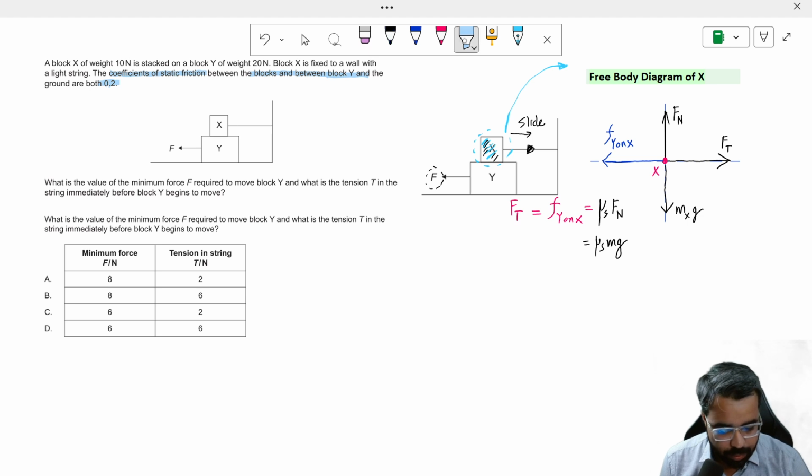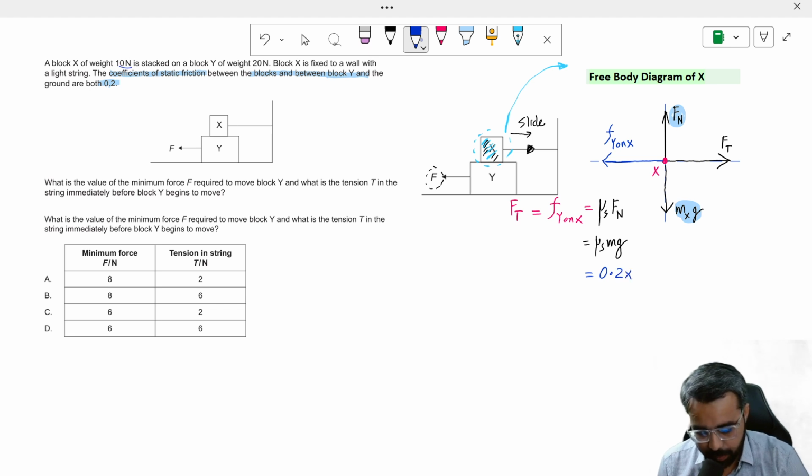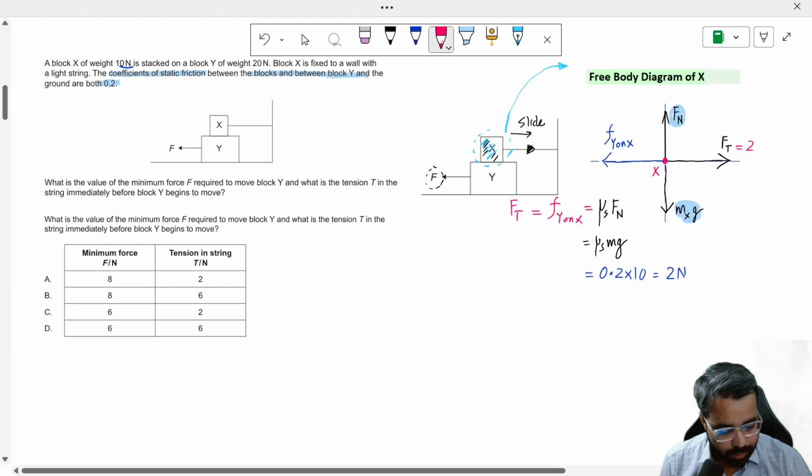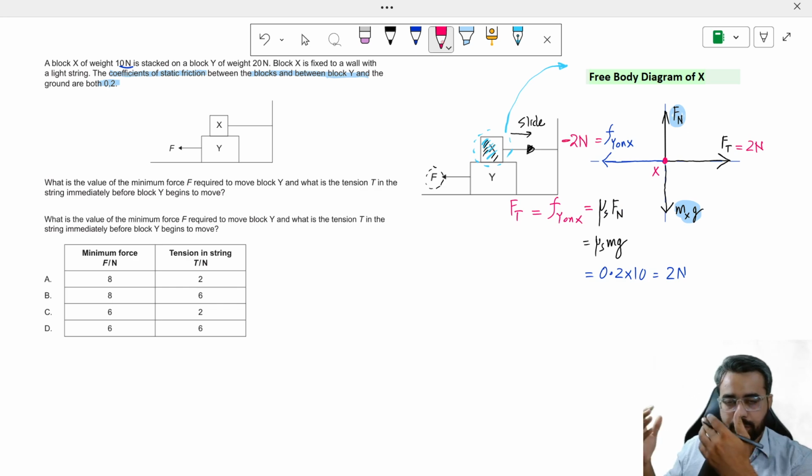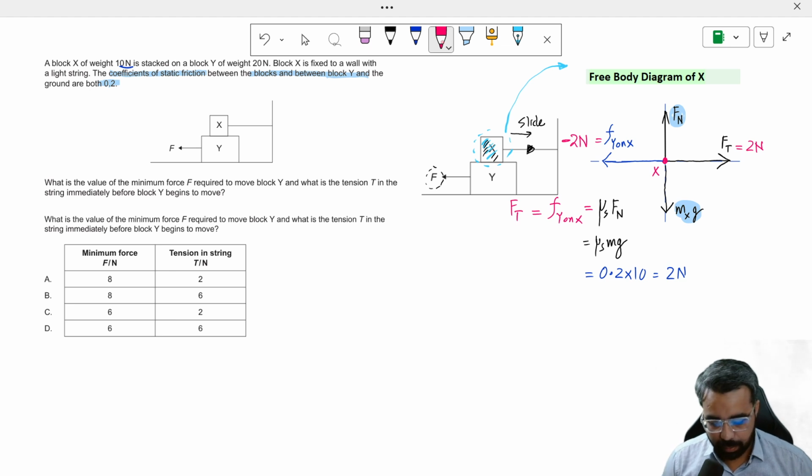You see very clearly that these two forces are equal, and when we put in the values, it is 0.2 times the weight, which is 10 newton, so it is 2 newton. It means that the 2 newton is the force exerted here, which is equal to this tension force, because that is towards the left. Now let's find out the minimum force.